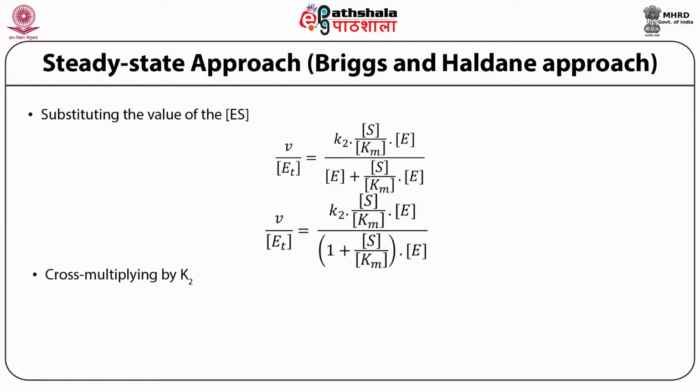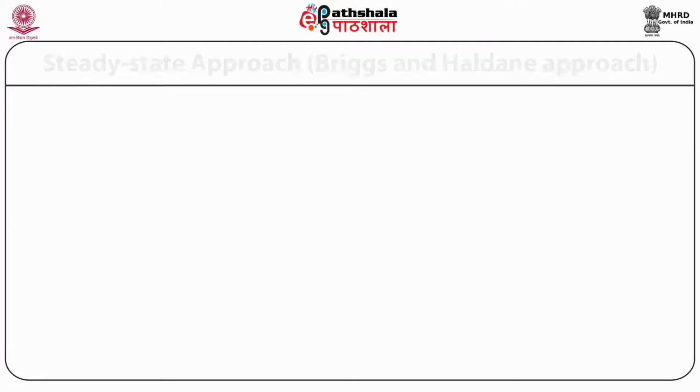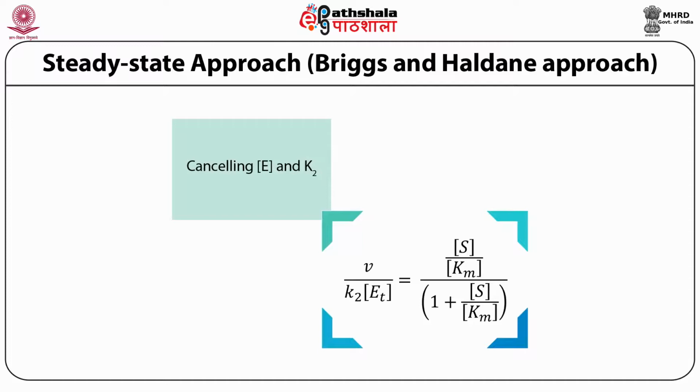When you cross multiply this equation with the K2, you will find that we have multiplication only in the denominator, and the equation becomes V upon K2 into ET is equal to K2 into S upon Km into E divided by K2 into 1 plus S upon Km into E. When you cancel free enzyme and K2, the equation becomes V upon K2 into ET equals S upon Km divided by 1 plus S upon Km.